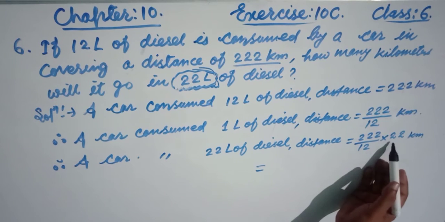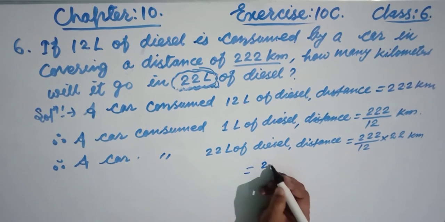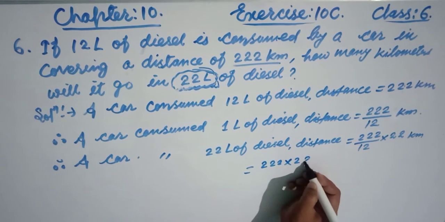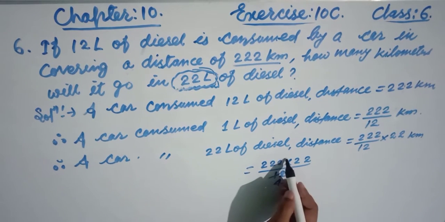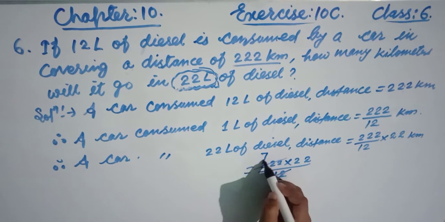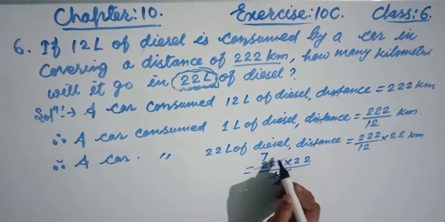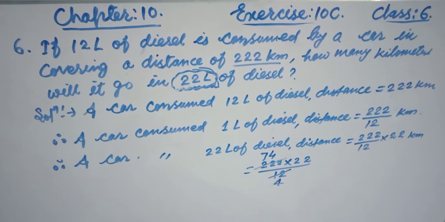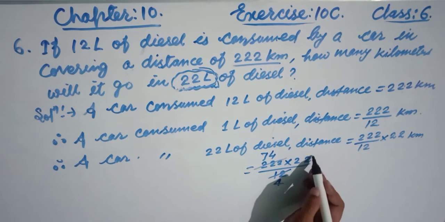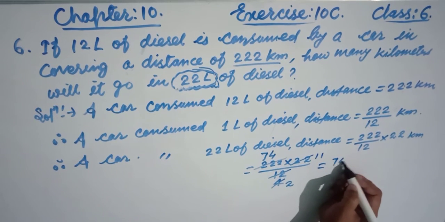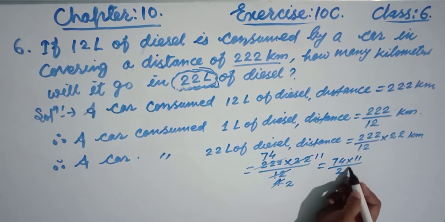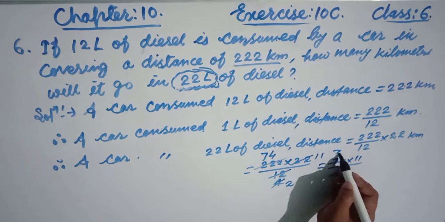Now solved, friends: this is 222 multiplied by 22 divided by 12. So 2 sixes are 12, and 3 fours are 12, and cancelling by 3, 3 sevens are 21 and 3 fours are 12. Now we'll get 74 multiplied by 11 divided by 2, and 2 ones are 2, and 37 times.